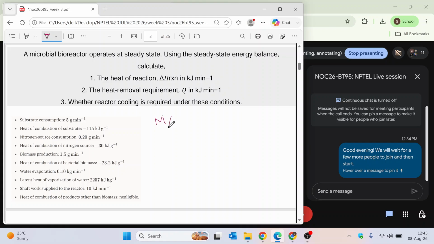So mass into del Hc, the heat of combustion of the substrate, and the substrate includes all the substrates that would have been used there, minus the same for all the products.